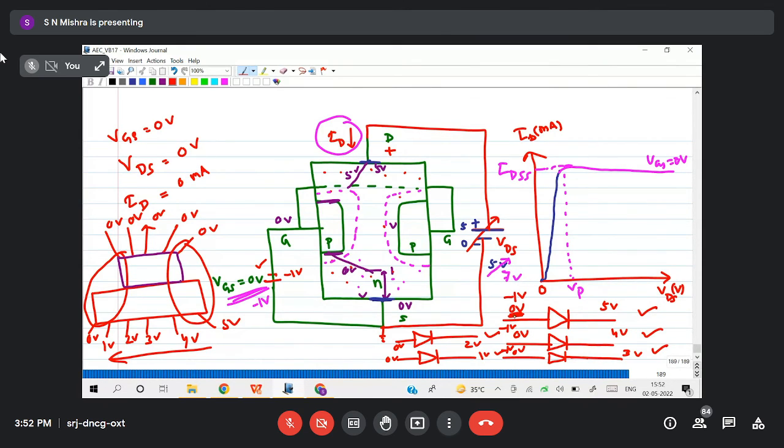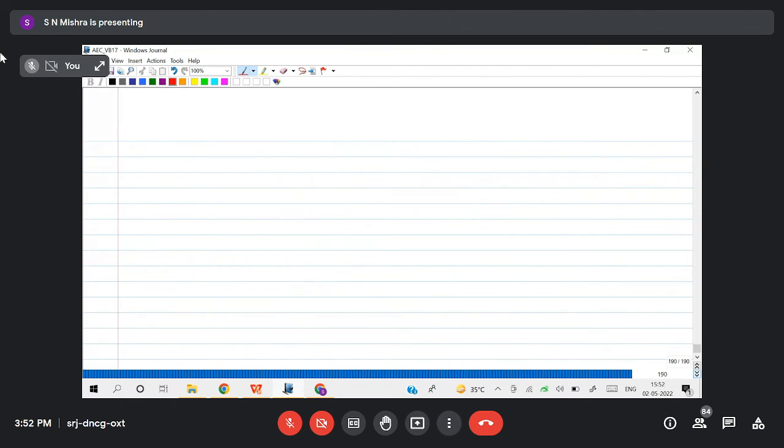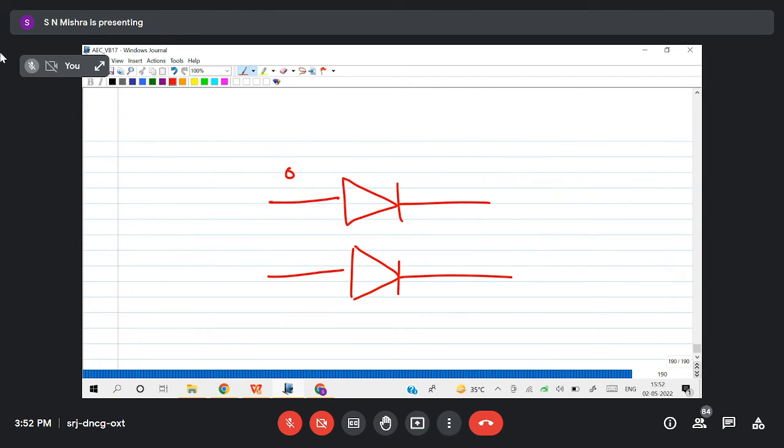When I have connected 0 and 5 volt, and I change to -1 and 5 volt, which will be more reverse biased, and which will be less reverse biased?